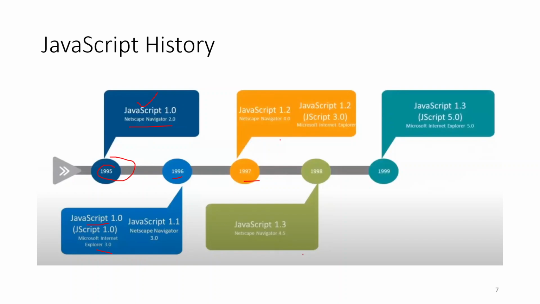Then in 1997, JavaScript 1.2 started being supported by Netscape Navigator 4.0 and Internet Explorer. After that the versions changed, and after 99 it's history now. Without JavaScript we cannot even imagine a good web page.